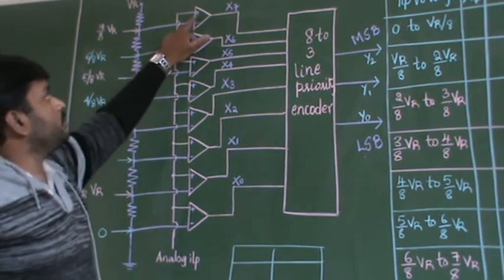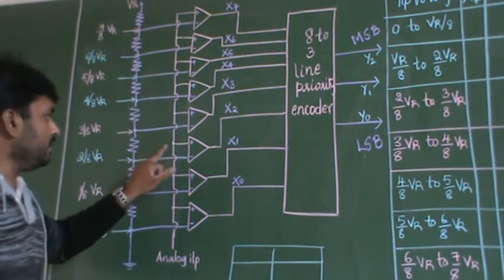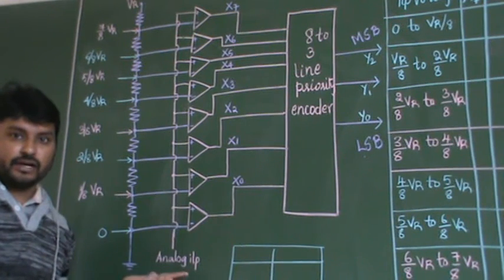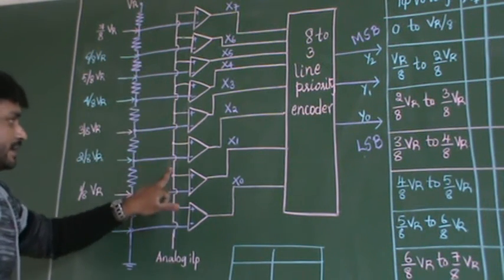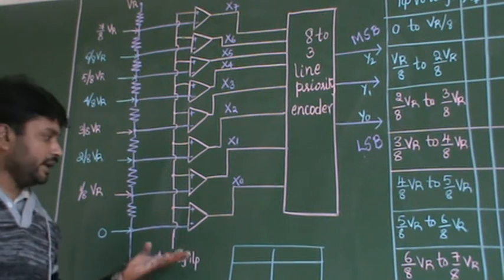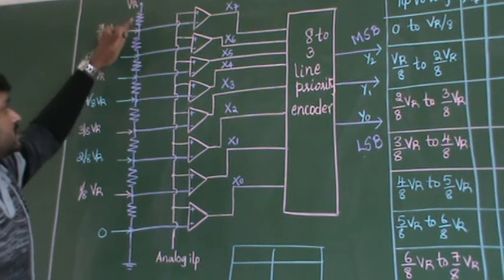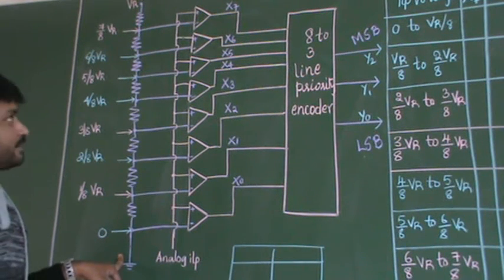One more important thing: the positive terminals. All the positive terminals are shorted together and given the analog input voltage. I repeat once again, all the positive terminals are provided with the analog input voltage. All the negative terminals are connected to the resistor network.